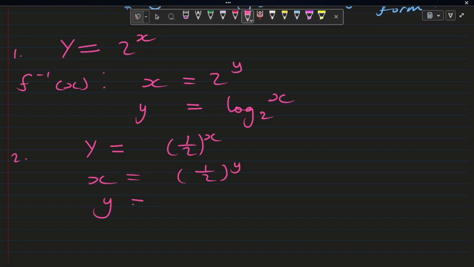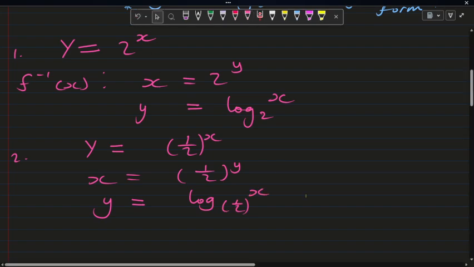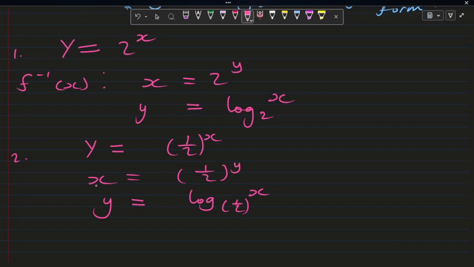Then we make y the subject, so y is equal to log of base a half of x. These are the simple steps that we follow when we are trying to obtain the equation of the inverse function.